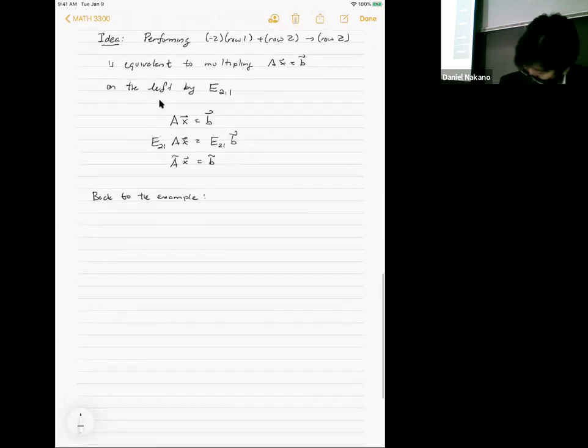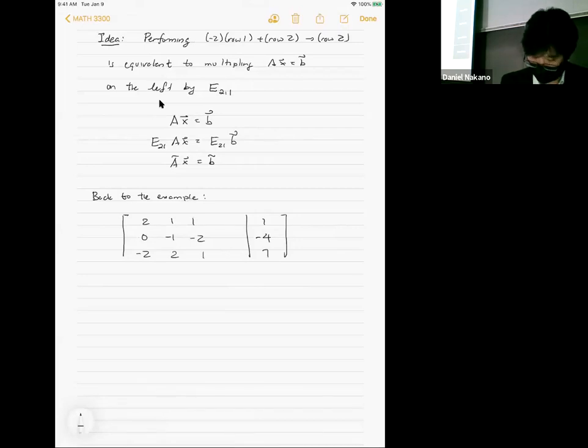Let me put the matrix in that we were at: 2, 1, 1, 1, 0, -1, -2, -4, and -2, 2, 1, and a 7.